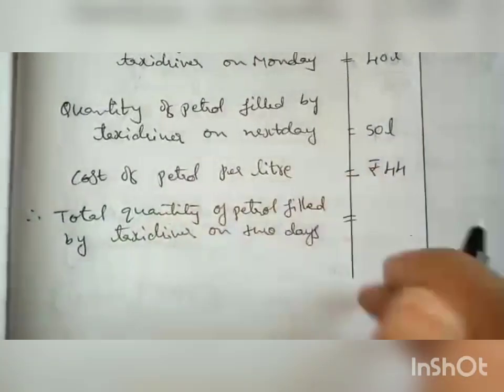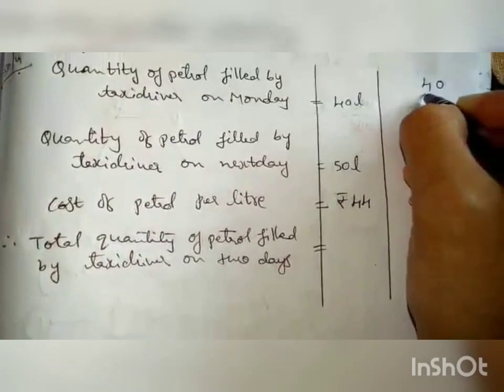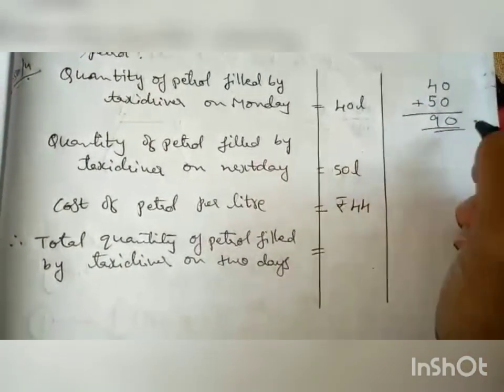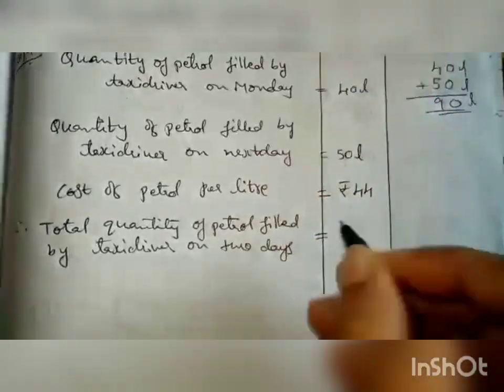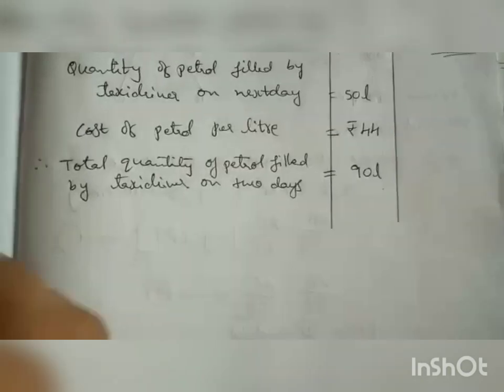So first you have to add 40 and 50. 4 plus 5, 9. So 90 liters of petrol. So total 90 liters.